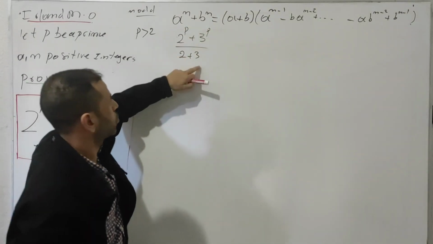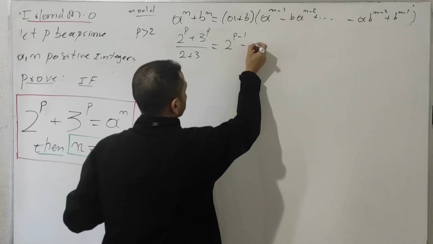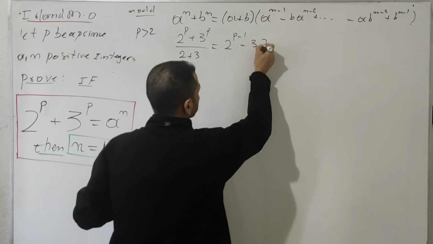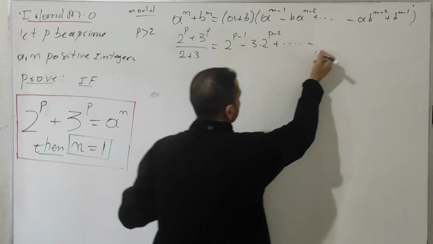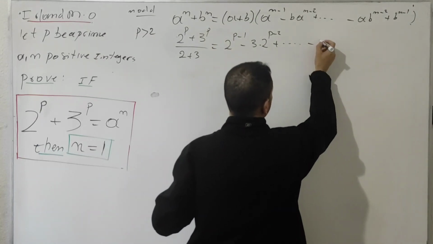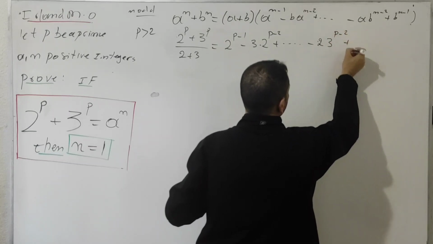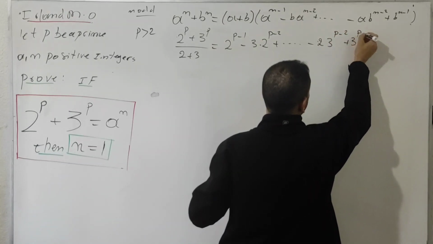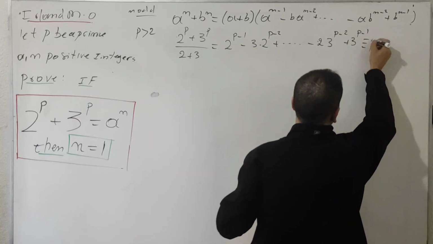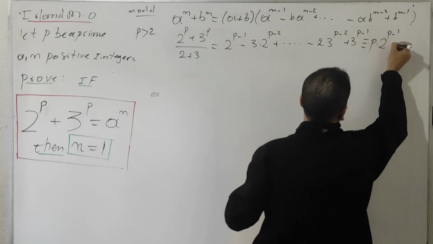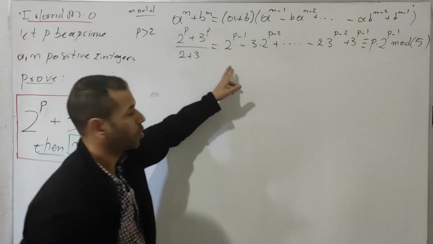So I will have the same as 2 to the p minus 1, minus 3 multiplied by 2 to the p minus 2, and so on and so forth until you get to before the last term, which is 2 multiplied by 3 to the p minus 2, plus the last term, which is 3 to the p minus 1. This one is congruent to p multiplied by 2 to the p minus 1 mod 5. Now we are going to prove this one.